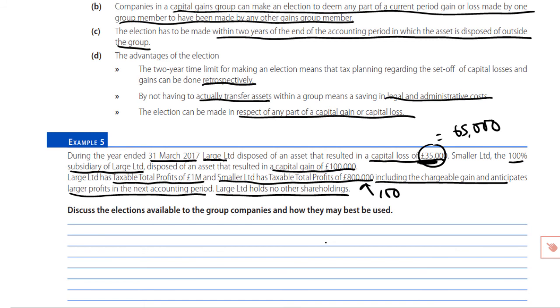So what you've got to do is to sort out the fact that you can move any part of that gain out of the company with the gain. You could move any part of that loss out of the company with the loss. Whichever way you go, you end up with a net gain of £65,000.